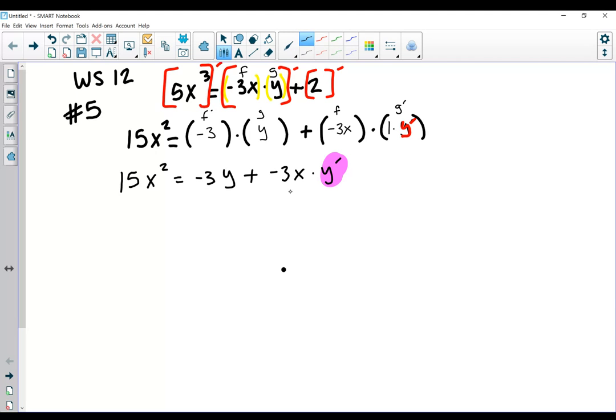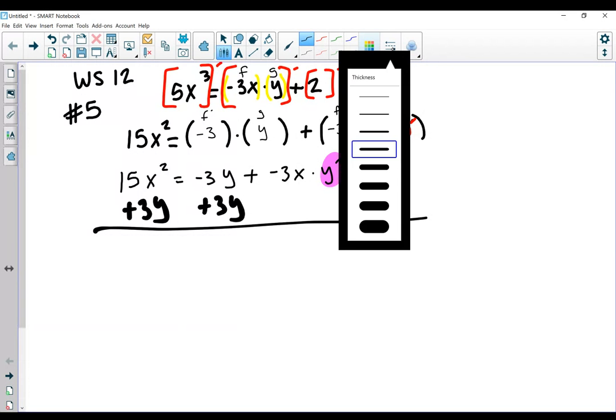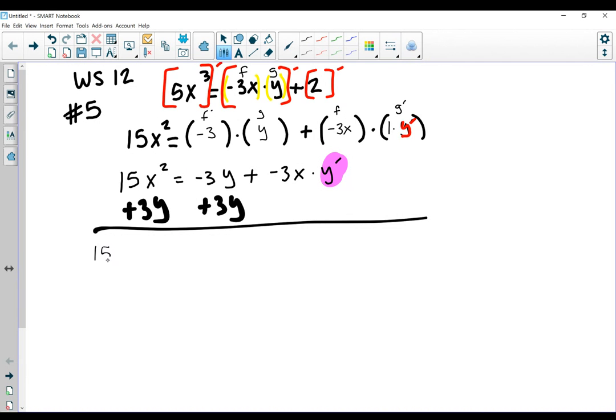To solve for y prime, you have to add 3y to each side. That's what I'm doing here. On this side, you have 15x squared plus 3y. This is gone. Equals negative 3x y prime. Don't forget, y prime is what we're solving for.